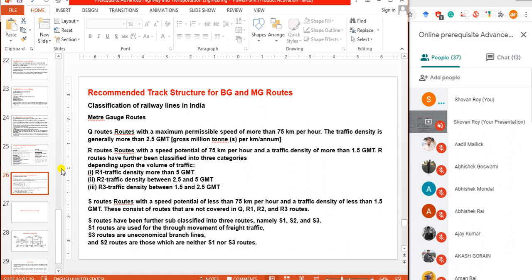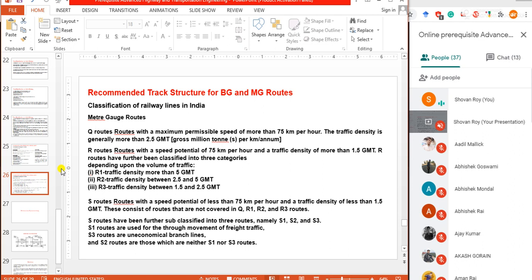More than 10,000 km of the track is laid with 60 kg rails, and more than 40,000 km is laid with concrete sleepers. Keep this value in mind: more than 10,000 km of track is laid with 60 kg rails, and more than 40,000 km with concrete sleepers.